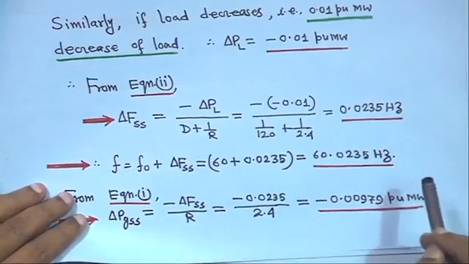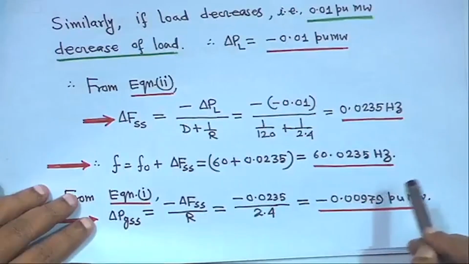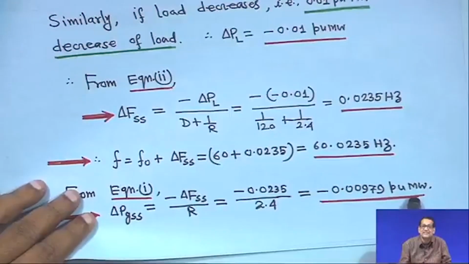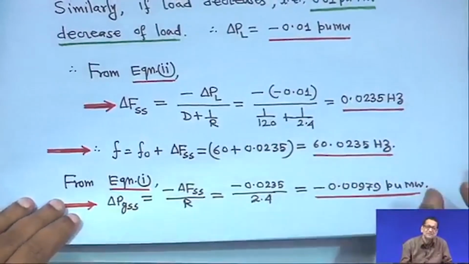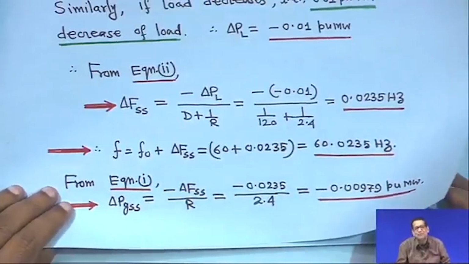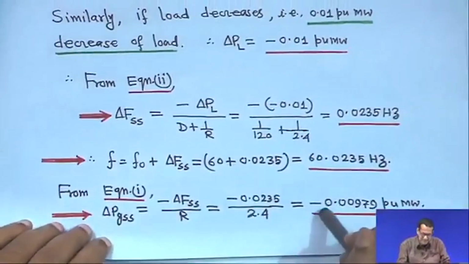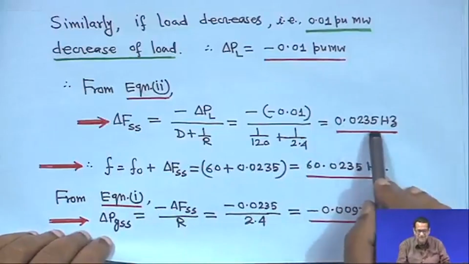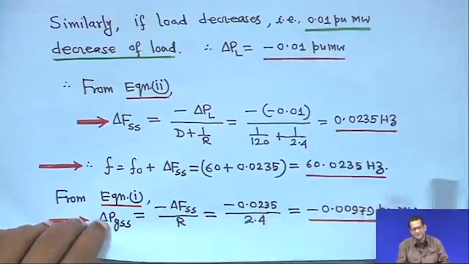That way the system will generate this much per unit megawatt power less, right. So, that means generation will decrease. Suppose, for example, if 10 megawatt load is switched off, that means generation also will decrease, right. So, negative sign means generation decreases, and positive sign for frequency means frequency is increasing, the deviation is plus, so frequency is increasing, right.